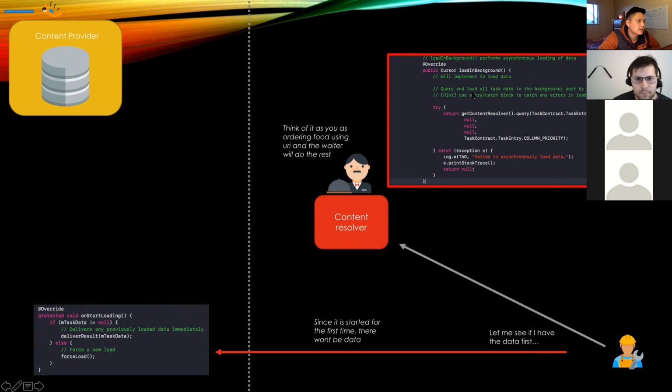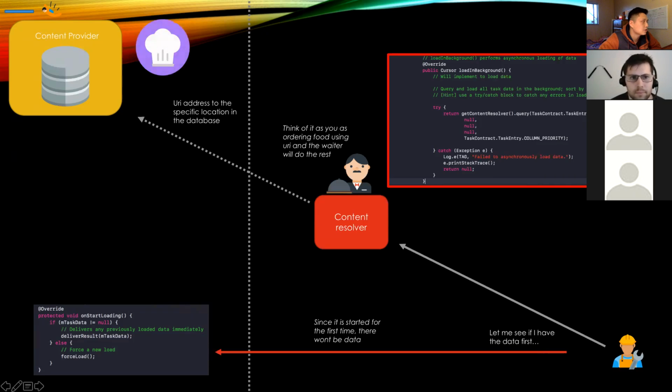In this case, loadInBackground is saying to the waiter, hey, I want to query this. I'm giving you this URI so that you pass this to the kitchen. The kitchen is the content provider. The waiter writes down what you want, goes to the kitchen and delivers what you want. Okay.